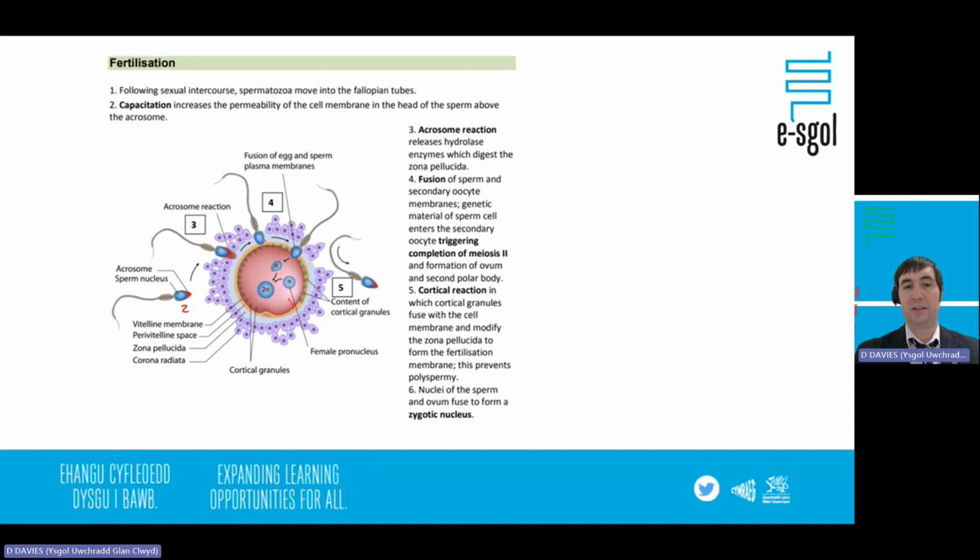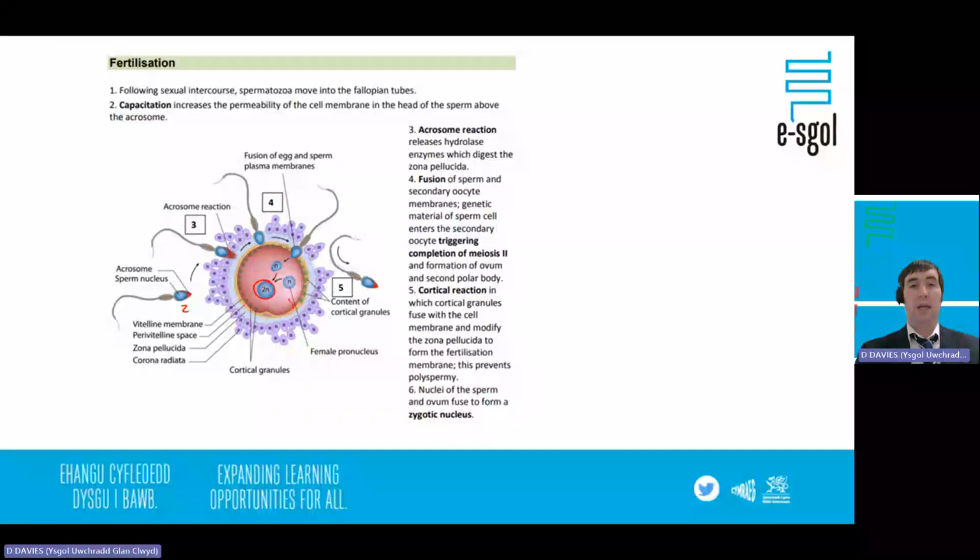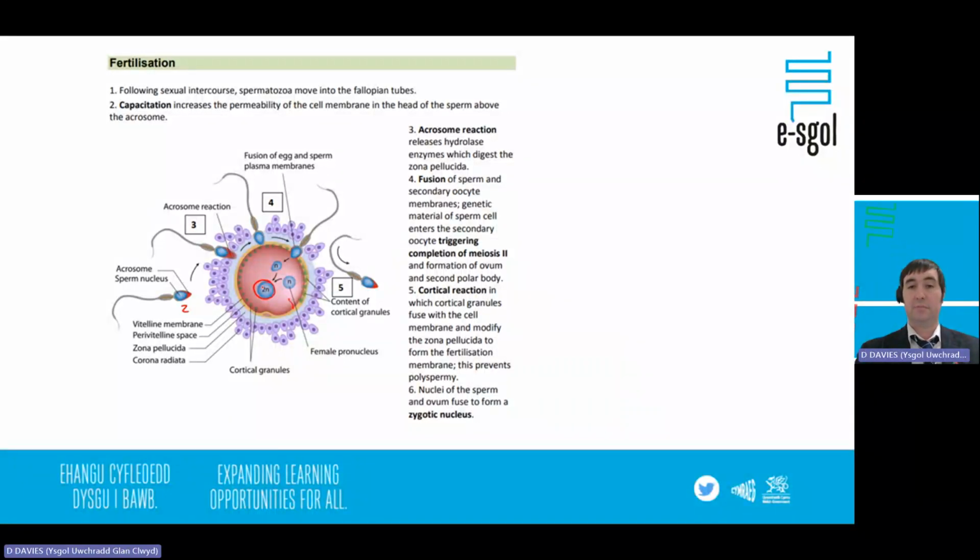No more sperm can enter through. So those two nuclei fuse together, and that produces the zygotic nucleus. That nucleus there is the beginning of an entire new person. How exciting!